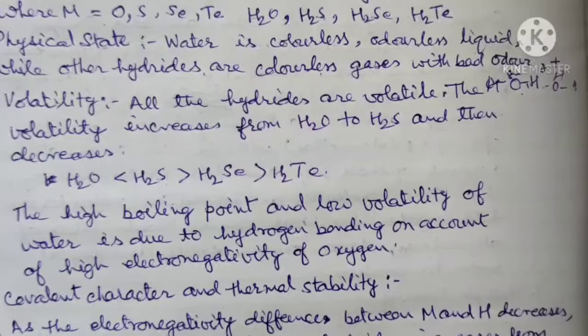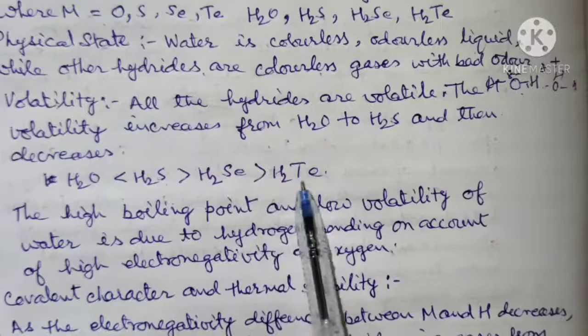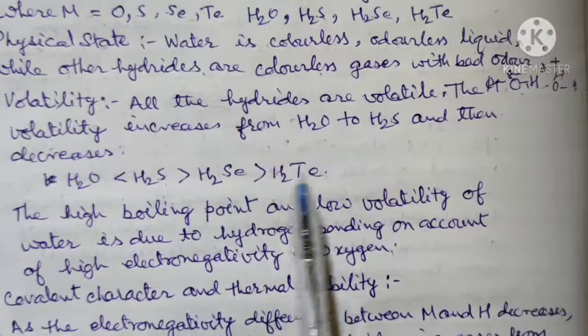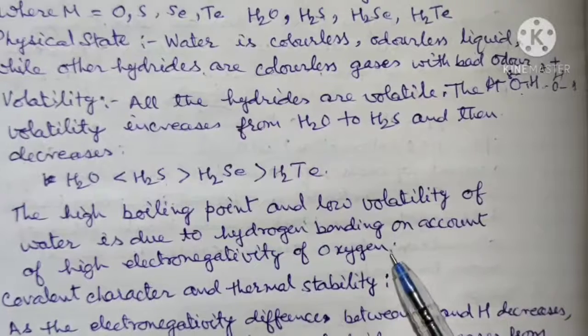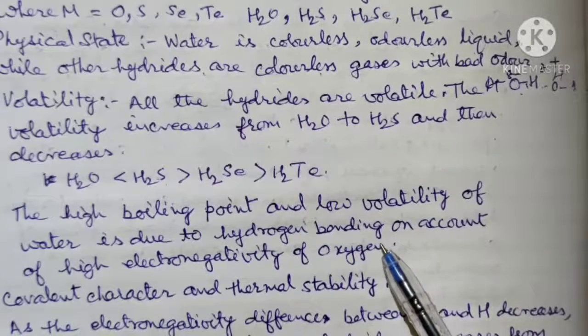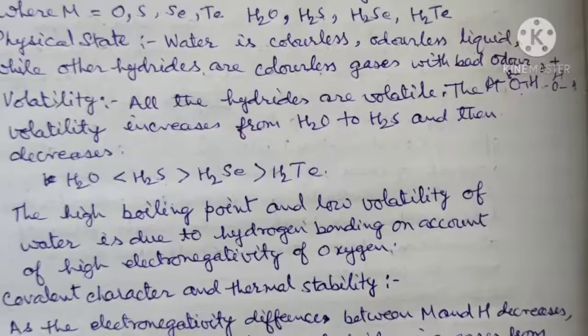In other hydrides, weak van der Waals forces are present. These forces increase with increase in molecular size, and therefore the boiling point increases and volatility decreases from H2S to H2Te. So this is for the volatility and boiling point of the hydrides.